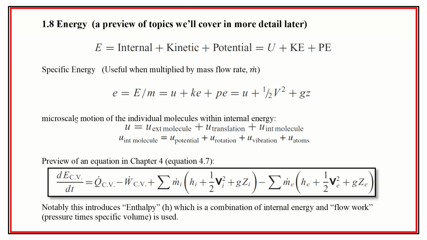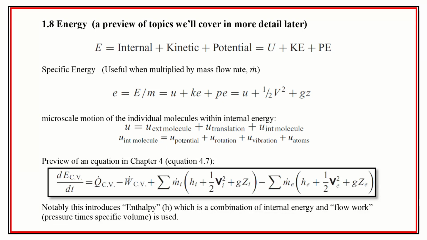And they're also bringing up this thing called internal energy, this U right here that was a capital U, now it's little u. And that's broken down into, here they're saying external molecule. I don't know what they mean by that. And translation of the molecules, and then internal molecule. I don't quite understand what they're talking about right there.